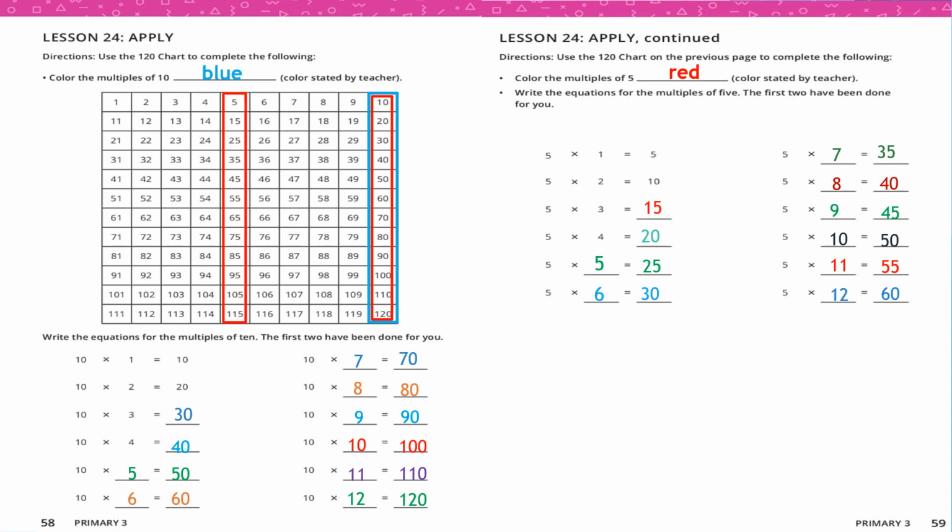If you know the multiples of 5, we studied it before with the clock. And its song is 5, 10, 15, 20, 25, 30, 35, 40, 45, 50, 55, 60. And you know this from last year.